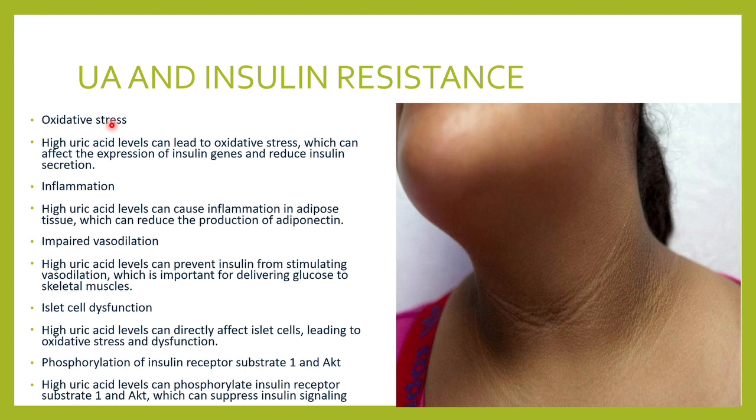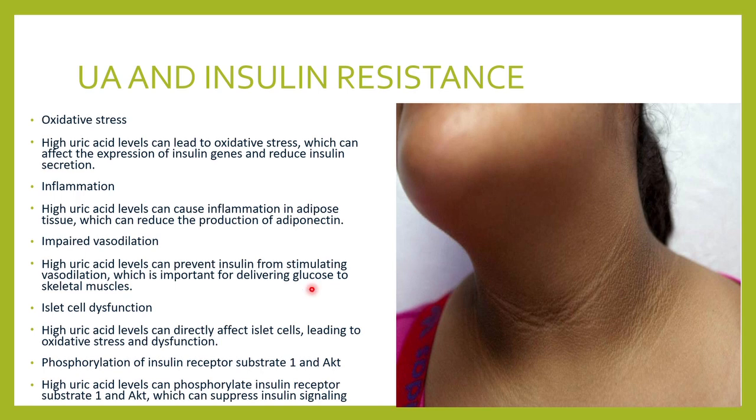It causes inflammation in the adipose tissue, in the fat tissue, which will reduce the production of adiponectin. Adiponectin क्या करता है? ये insulin sensitivity को ज़्यादा बढ़ाता है. But because of the inflammation, there is reduced production of adiponectin.